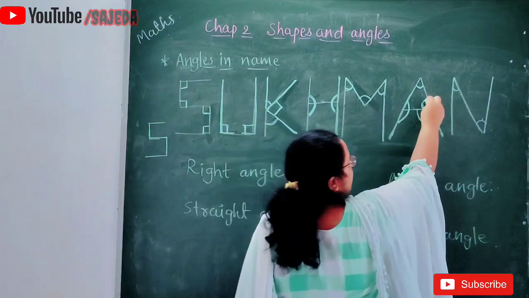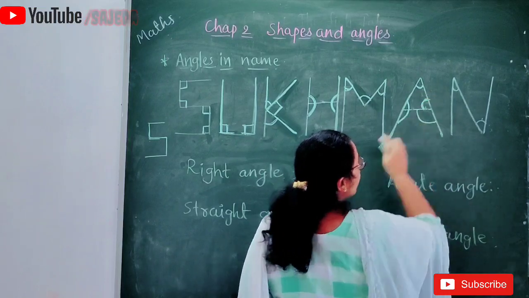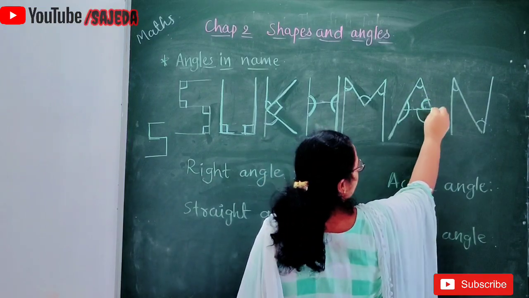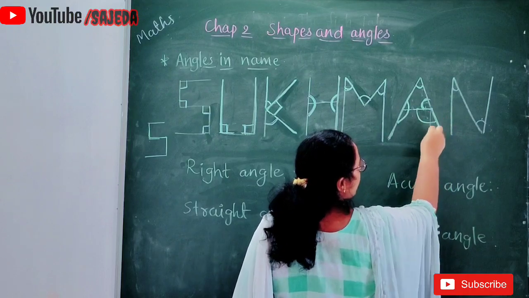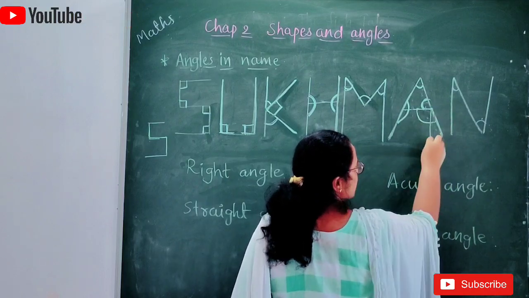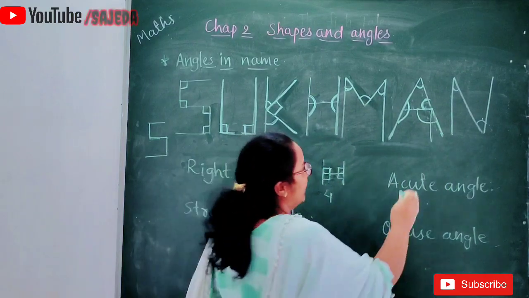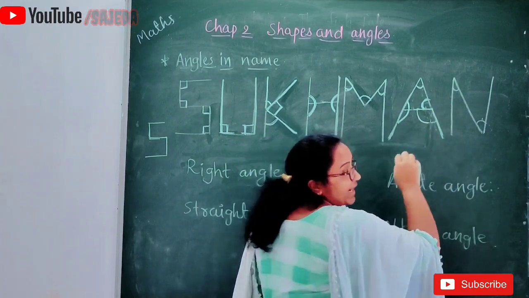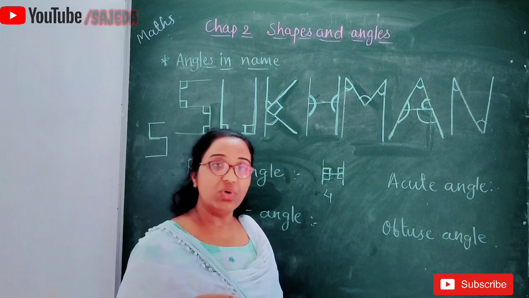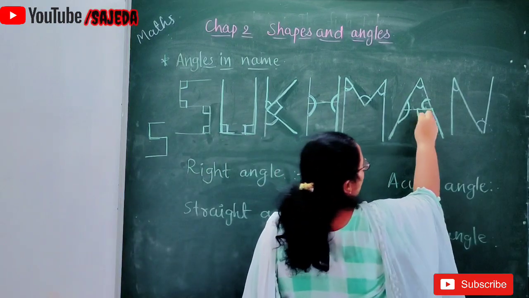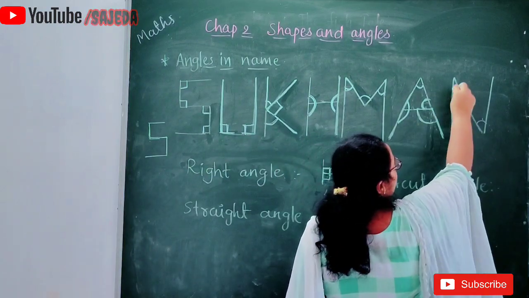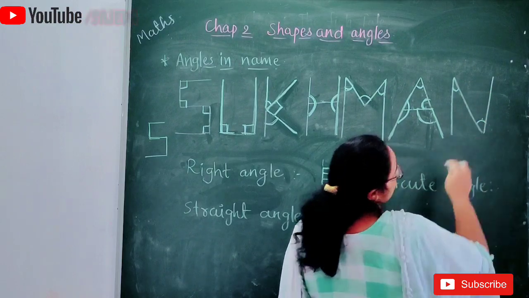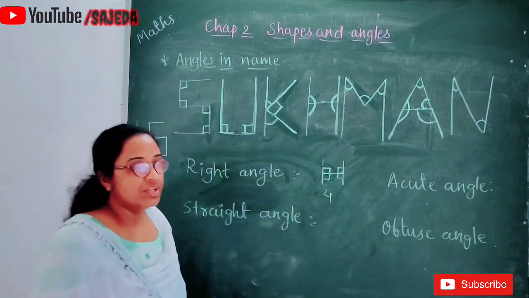That means this one is an acute angle. But now look here, this one is more than a right angle. See, this is a right angle and it is outside this ray, that's why it is an obtuse angle. It is more than a right angle, so it is an obtuse angle. Here it is an acute angle and here it is an acute angle.